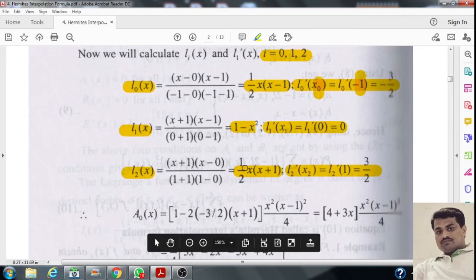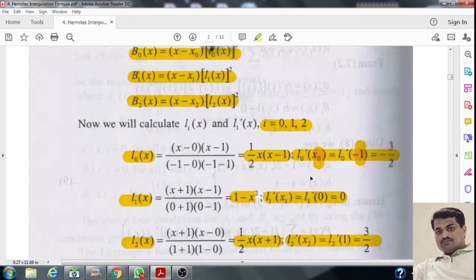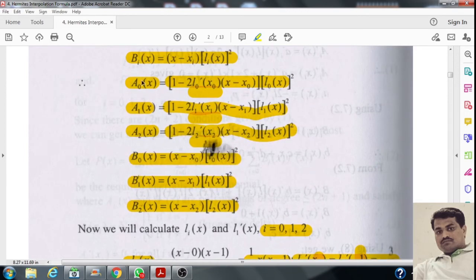Thus we get L0, L1, L2, and L0 dash of x0, L1 dash of x1, L2 dash of x2. Then find the values of a0, a1, a2 by putting the values of L0, L1, L2, L0 dash, L1 dash, L2 dash on the right hand side.